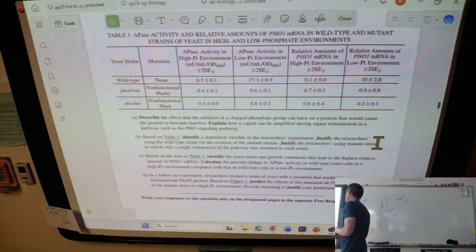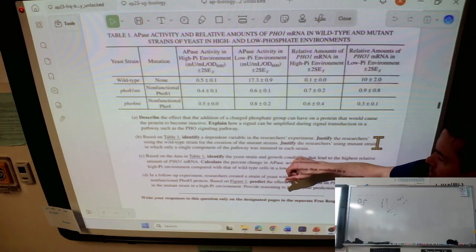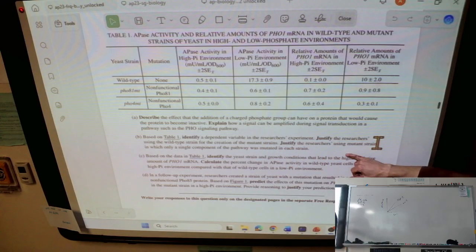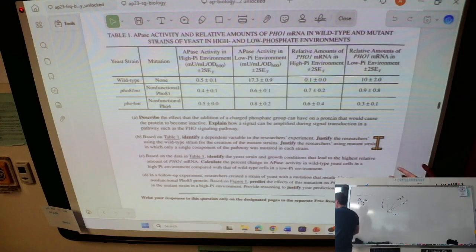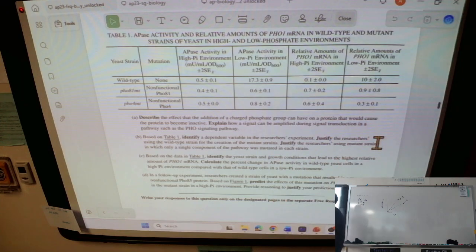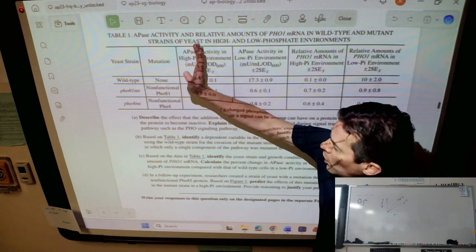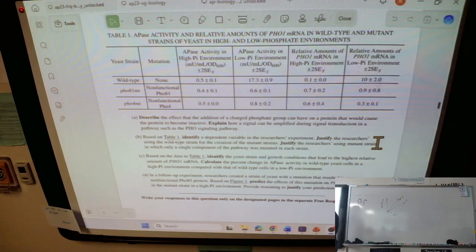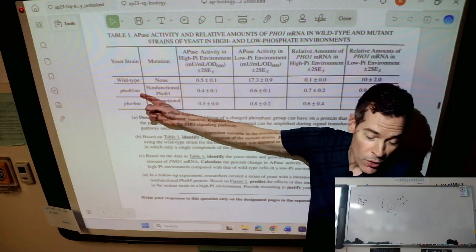All right, next up: justify the researchers using the wild type strain for the creation of mutant strains, and justify the researchers using mutant strains in which only a single component of the pathway was mutated. I answer these two together. I only want a single component mutated because that way, if something's different, I know that change is probably the cause. If FO81 behaves differently from the wild type, then I'm pretty sure it was due to the FO81 mutation.